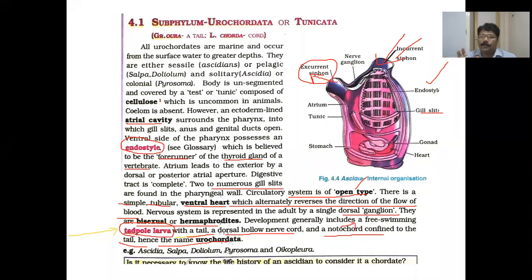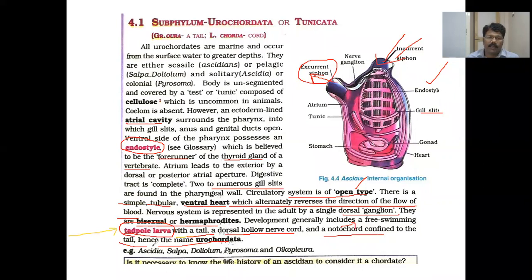The flow of blood is reversed by the ventral heart, and we have an open circulatory system, and we have a larva known as tadpole larva, and the larva will have the notochord in the tail region, and a dorsal hollow nerve cord, and hence it is also known as the urochordates.